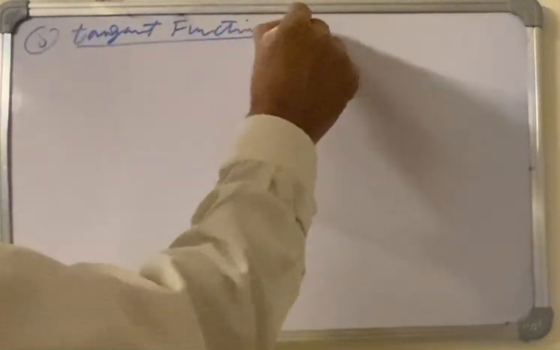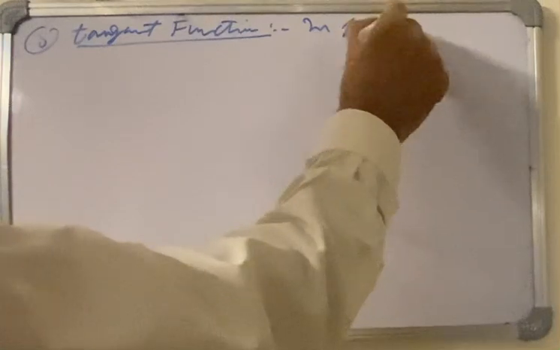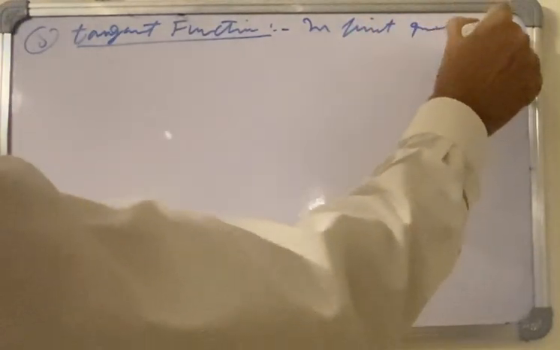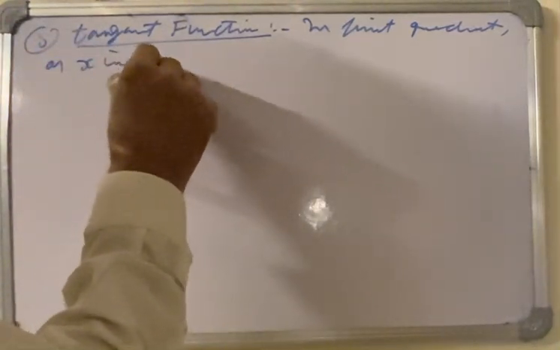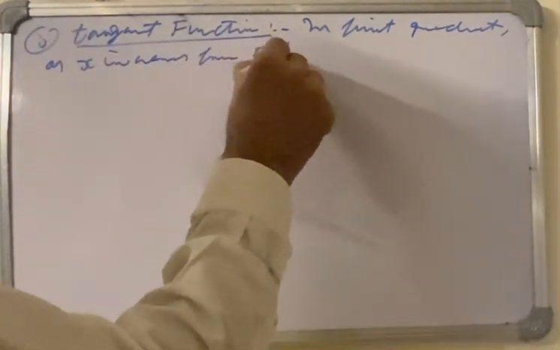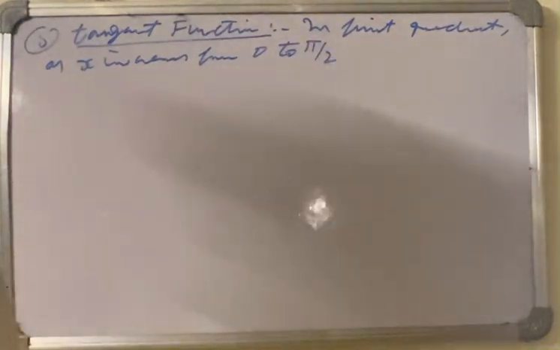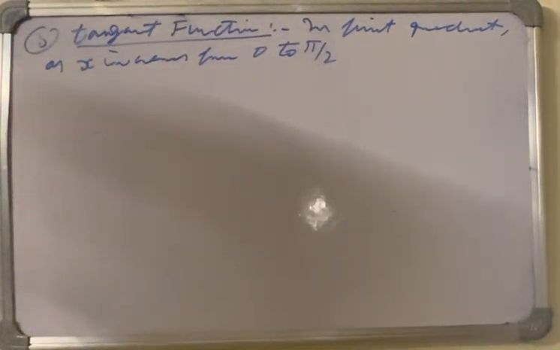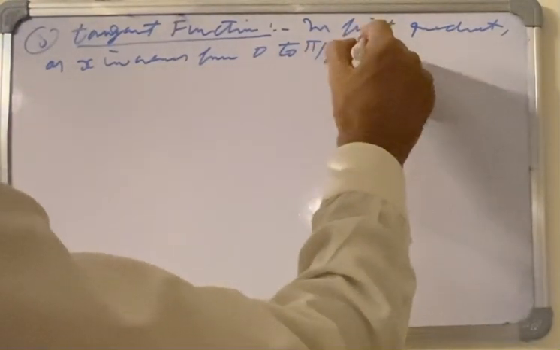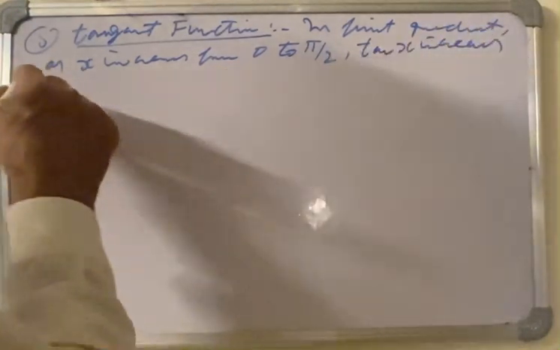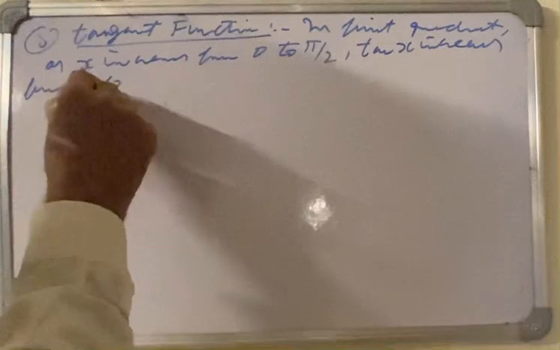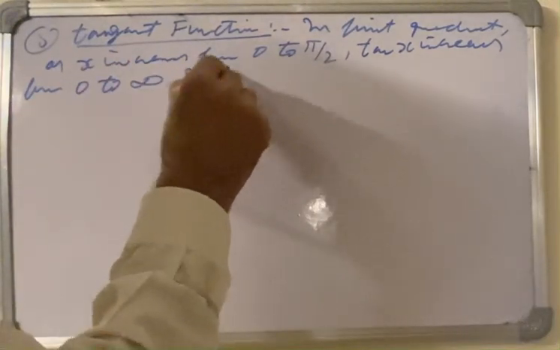In first quadrant, as x increases from 0 to pi by 2, then tan x increases from 0 to infinity.